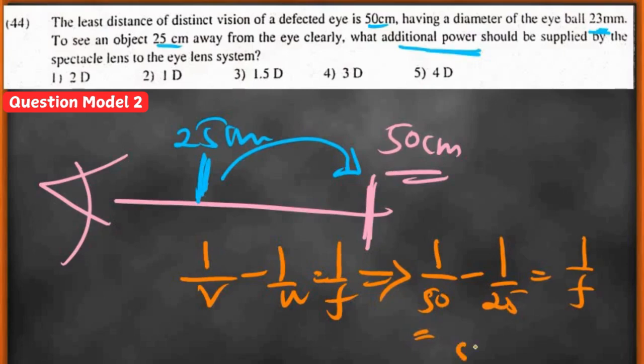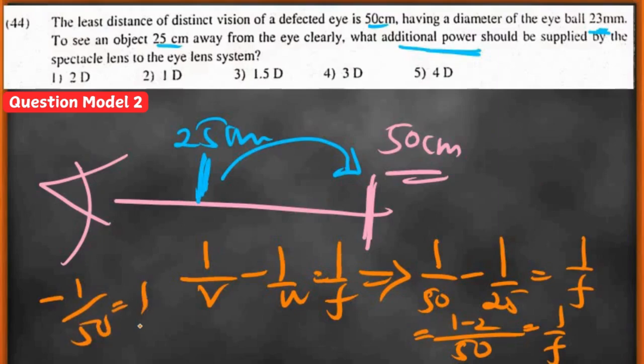So let's take the common denominator 50. 1 minus 2 equals 1 over f. So you can see it's minus 1 over 50 equals 1 over f. So you can get f equals 50 centimeters, right? Then we convert it into meters, so it's 0.5 meters.